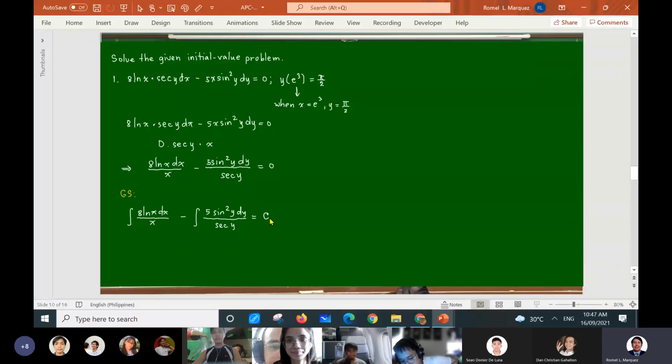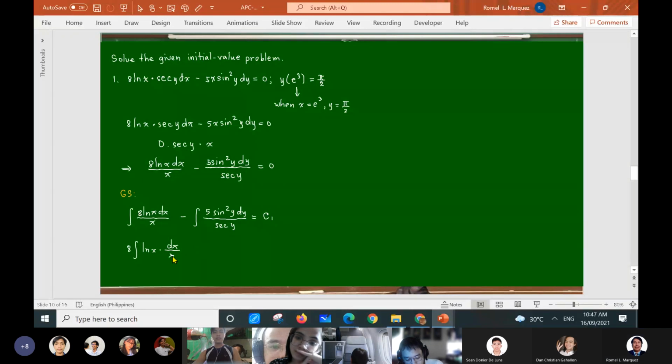Let's have C1. The integral of ln x times dx over x is a direct one, u to the n du, using the general power formula.